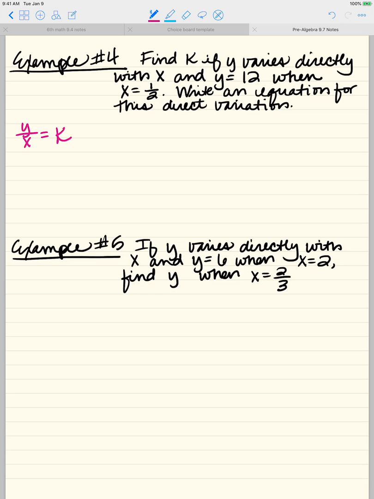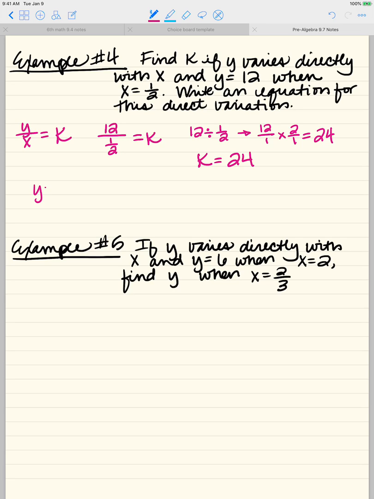We are given 12 and we are given x. 12 divided by 1/2 is equal to k. That is 12 divided by 1/2, which is 12 over 1, times the reciprocal 2 over 1, which is 24. So k is equal to 24.